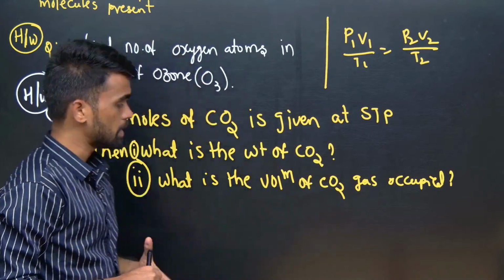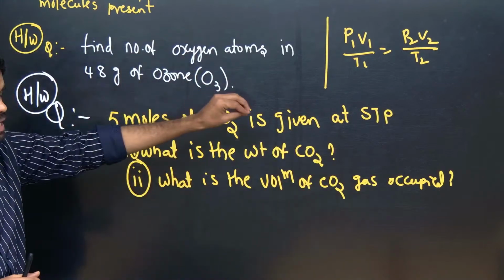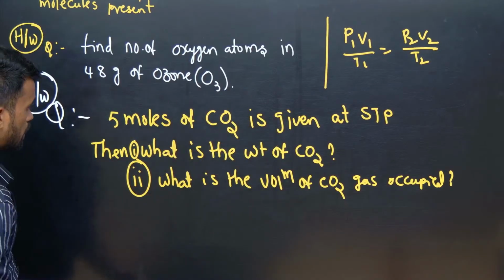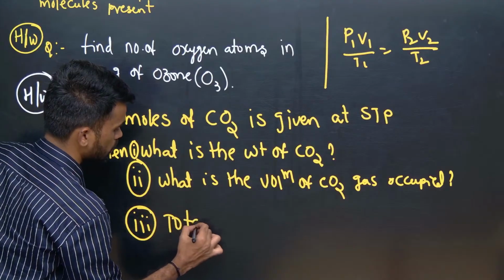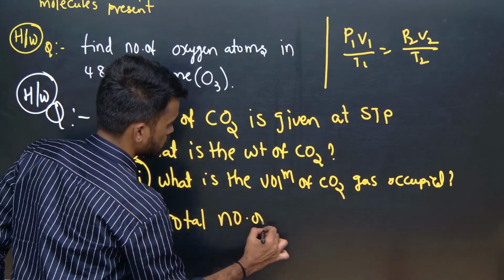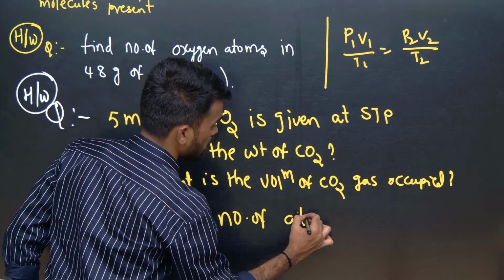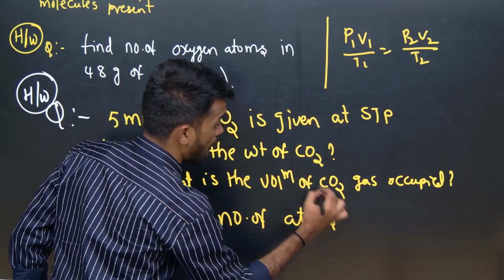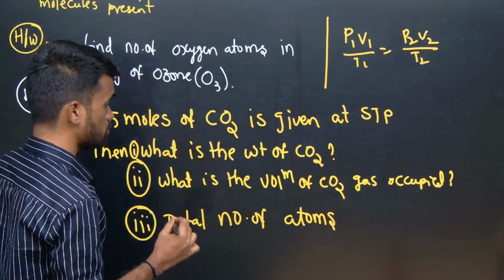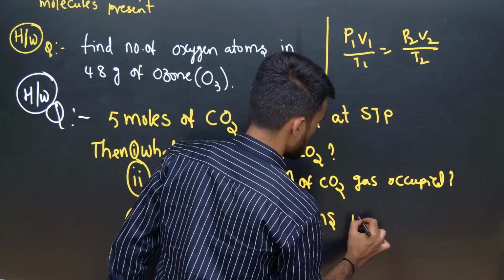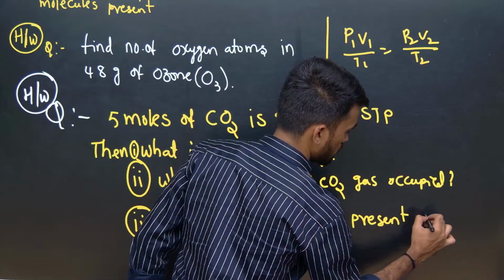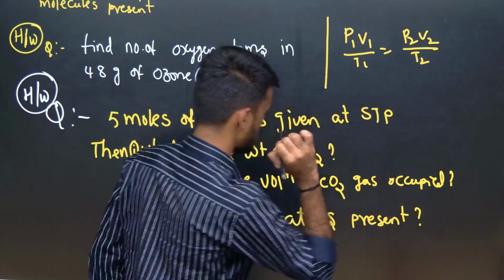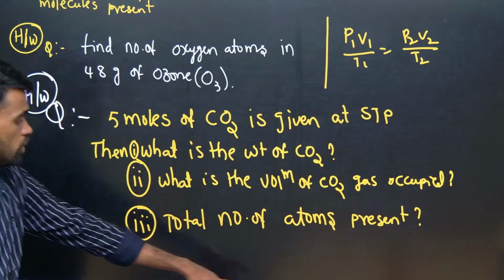So these things you can do only at STP. Okay, next, total number of atoms present. Remember this, total number of atoms. So these are the questions you need to answer.